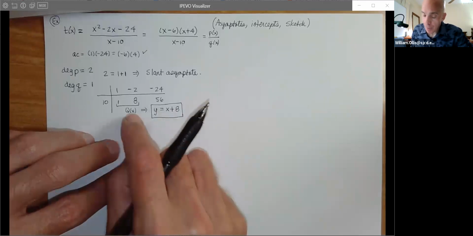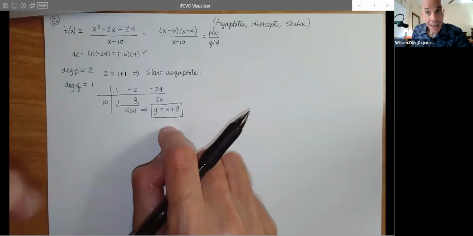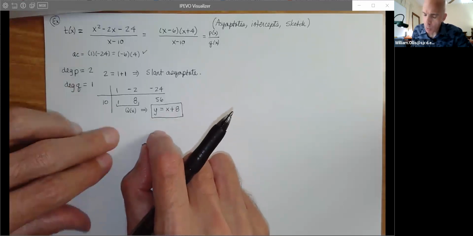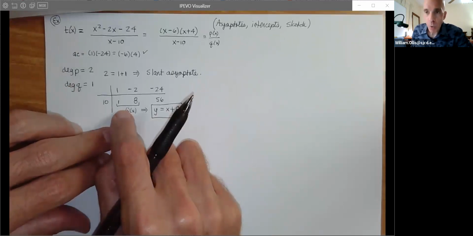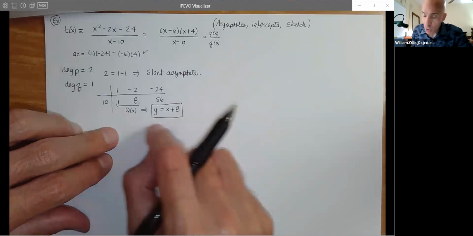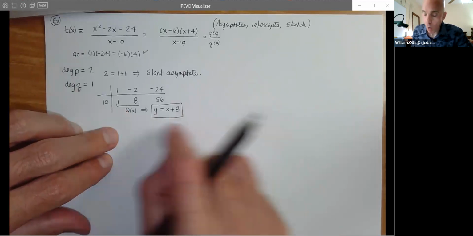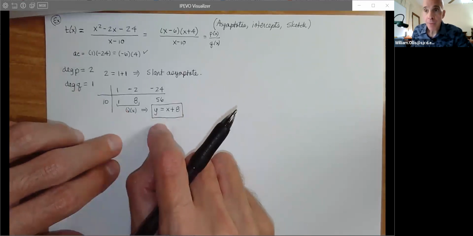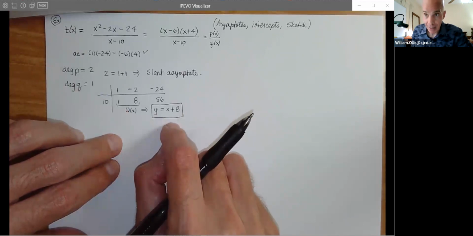That is, once we make it into that, students will say, how do I compute this? Well, you figure out what the quotient is, and then you set that equal to y. So y equals the quotient, okay? So remember, the asymptotes are lines, and they must be written as lines.